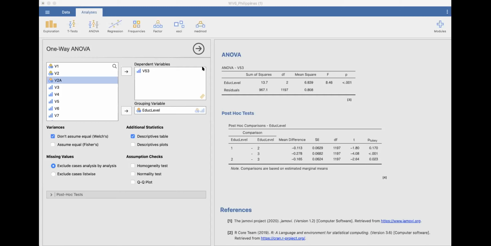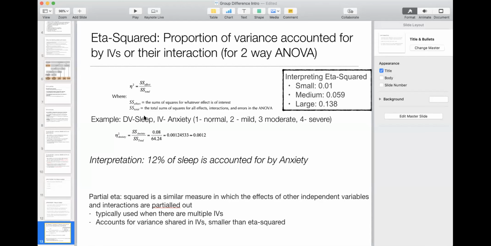I'm gonna share this data. So your eta squared is like your variance accounted for by the IV. So you can also report the eta squared, and this is how we would report it.